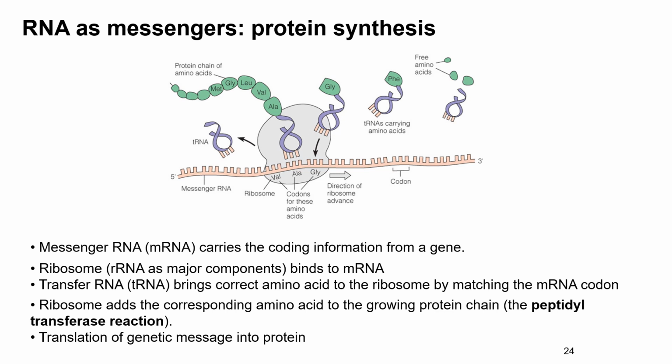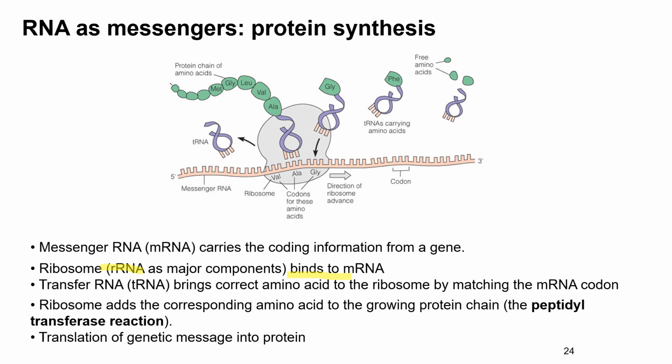First, we have ribosomes, of which the ribosomal RNAs are major components. The ribosome first binds to mRNA, and the transfer RNAs, the tRNAs, bring the correct amino acid to the ribosome by forming favorable hydrogen bonds between the anticodon and the mRNA codon.